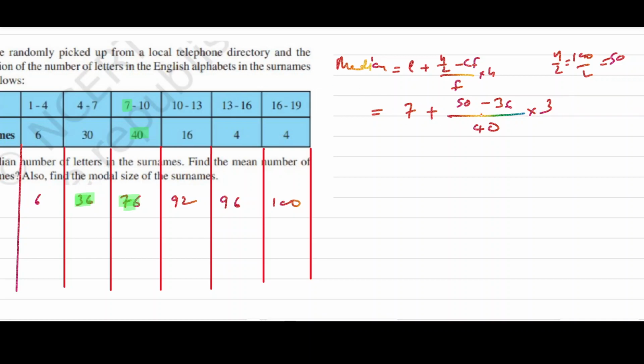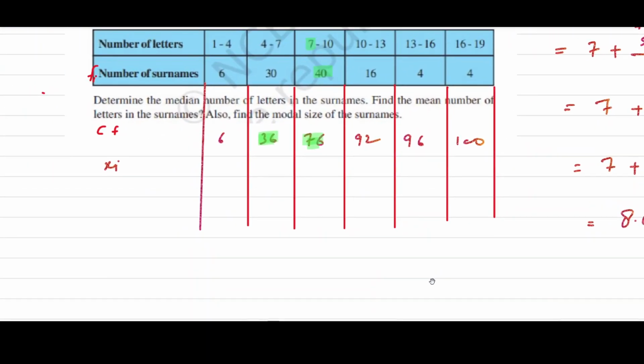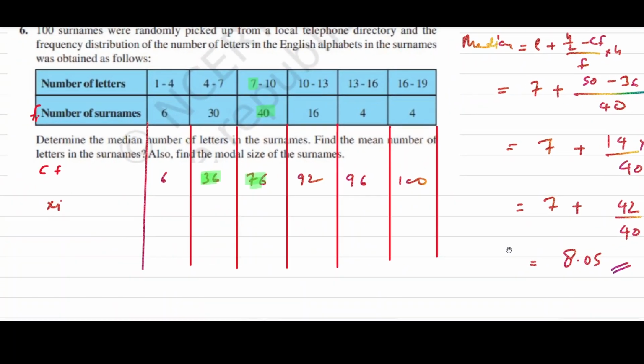This is 3, which is H. Now solve this. 7 plus 50 minus 36, here 14 into 3 by 40. Then 7 plus 1.05. Now we have calculated the median.